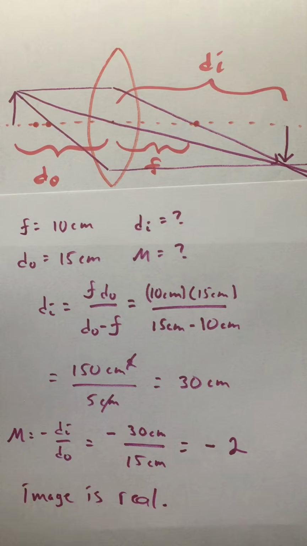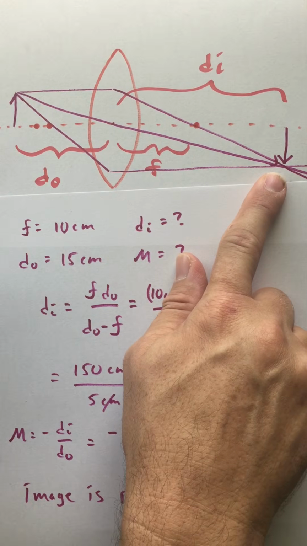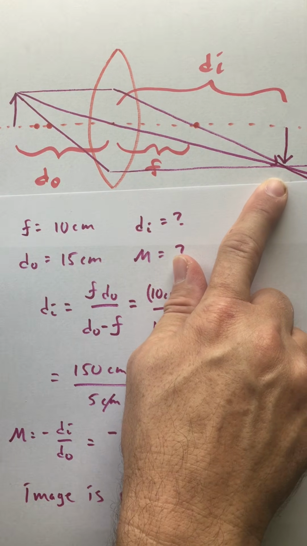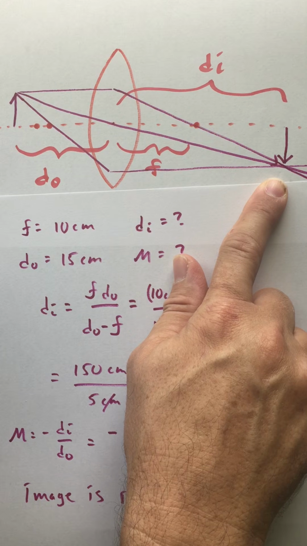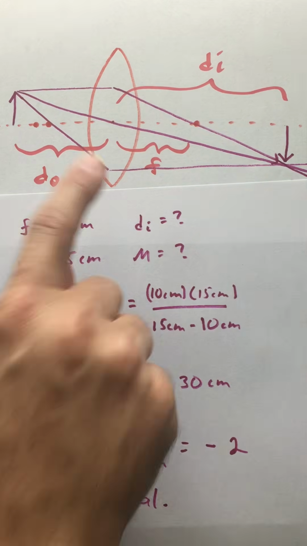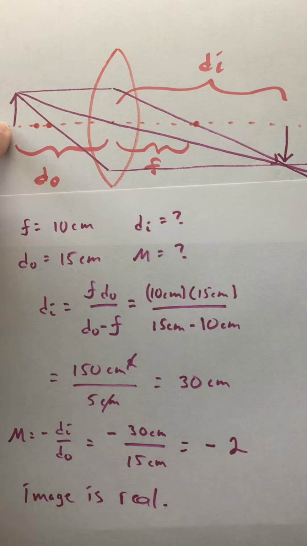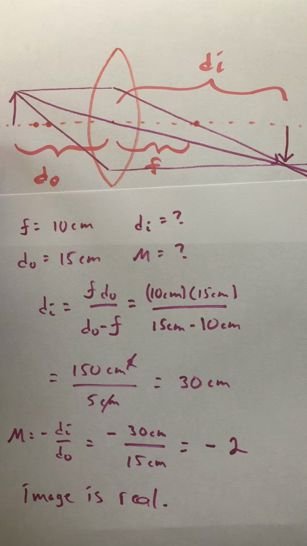The upshot of a real image is that it can be projected. And in point of fact, if you've ever been to a movie or are watching a PowerPoint presentation projected onto a screen, this is exactly what's happening. Over here on one side of the lens, this is probably a series of lenses, is a little bitty screen showing what you are watching.